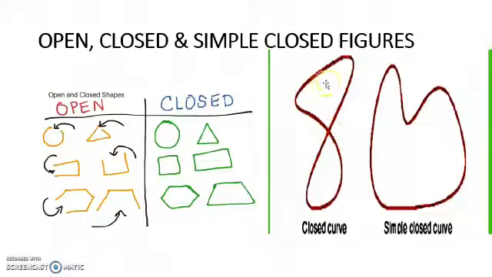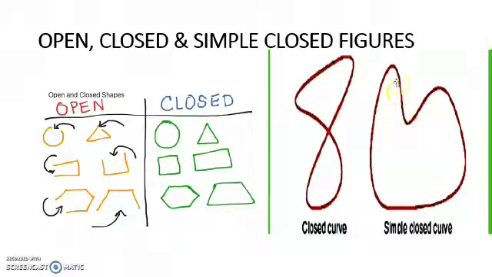Similarly, this is also a figure which is made, but what is the basic difference? This is also a closed figure, but it is intersecting, means the line is overlapping, coming one on top of the other. When we are drawing this figure, this line is coming one on top of the other, or it is intersecting. This is called a closed figure or a closed curve.